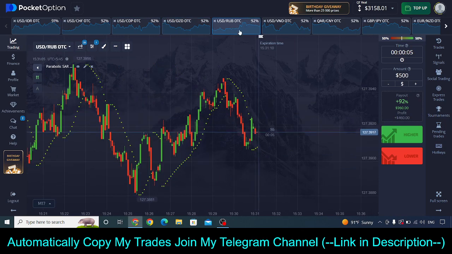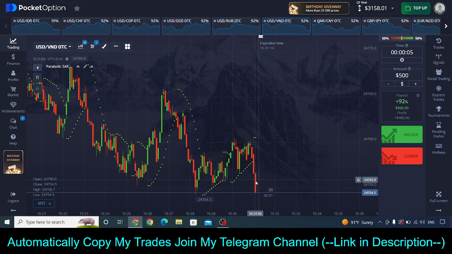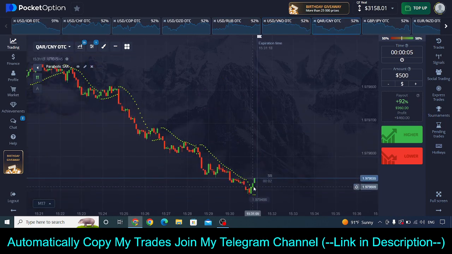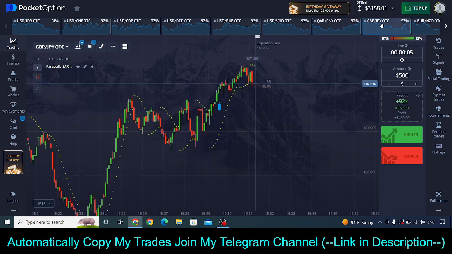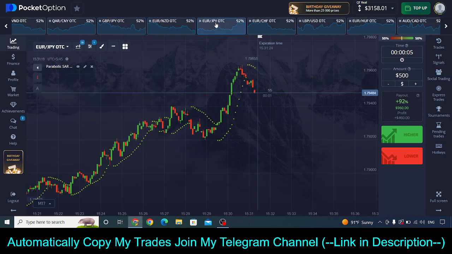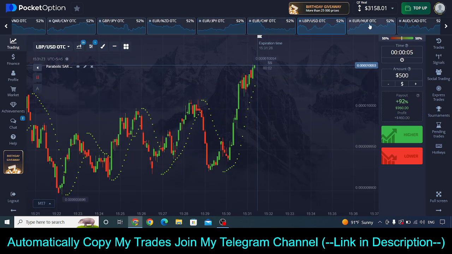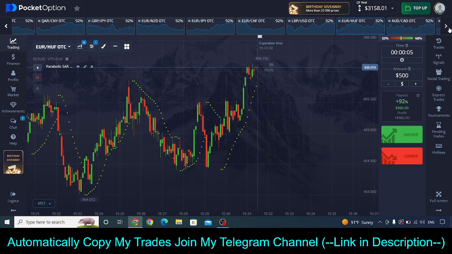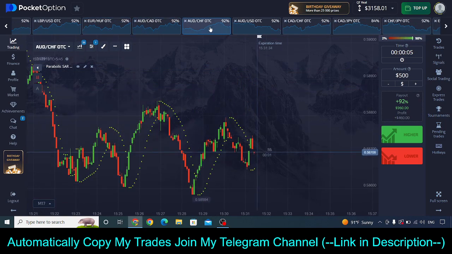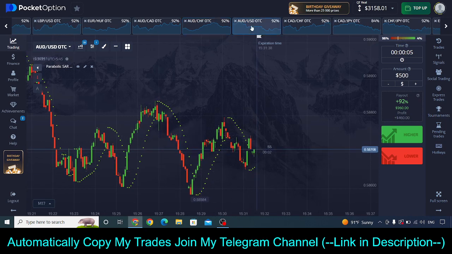So let's keep on finding more places. Here also we missed the trade, okay, and we could have made profit. Here also we missed the trade, anyways we could have made profit. Let's keep on searching. Here also we missed this trade, okay, and we could have made loss.